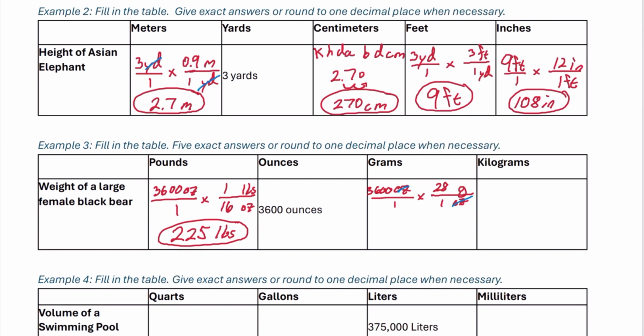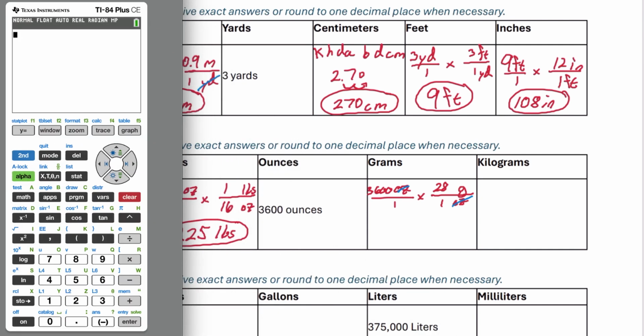And if we multiply 3,600 times 28, we get 100,800 grams. Again, that is an approximation because grams and ounces are an approximation.